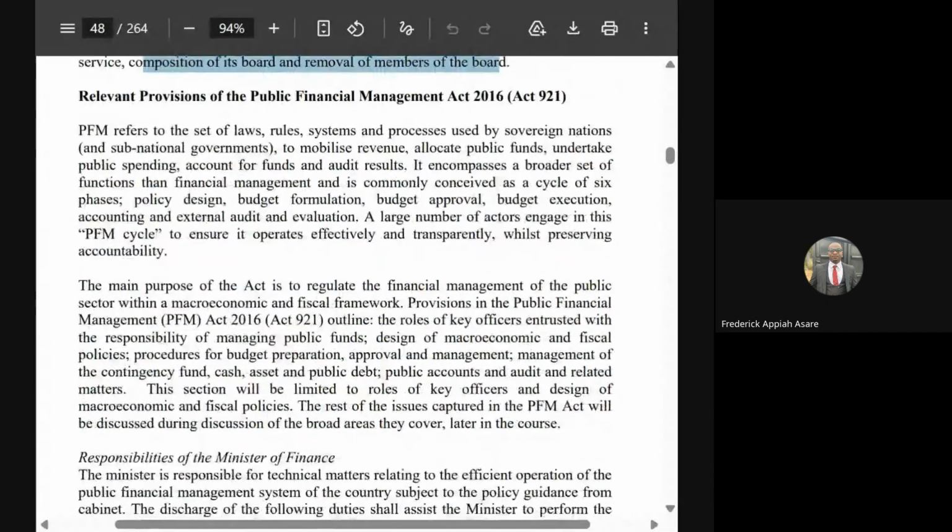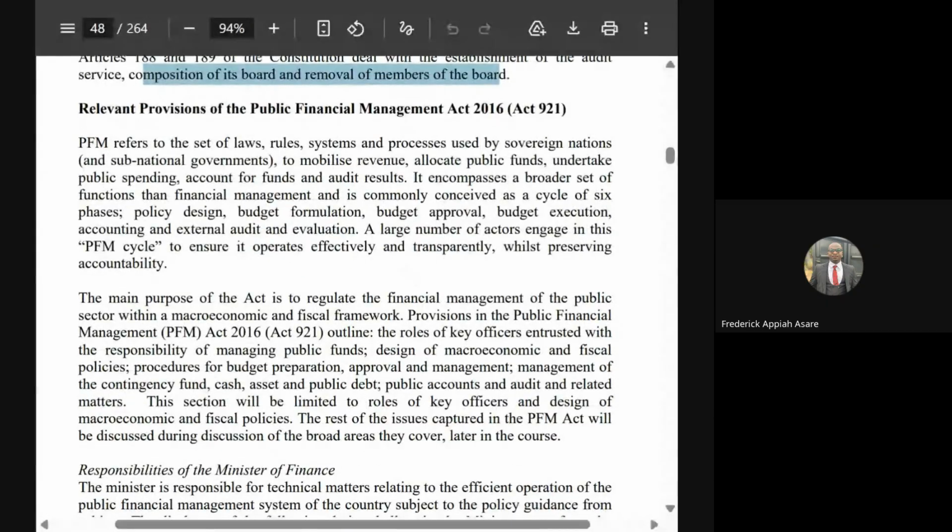Now, let's look at some of the relevant provisions in the Public Financial Management Act. This Act was enacted by Parliament in 2016 and is Act 921. PFM refers to a set of rules, laws, systems, and processes used by a sovereign nation to mobilize revenue, allocate public funds, undertake public spending, and account for funds and audit results.